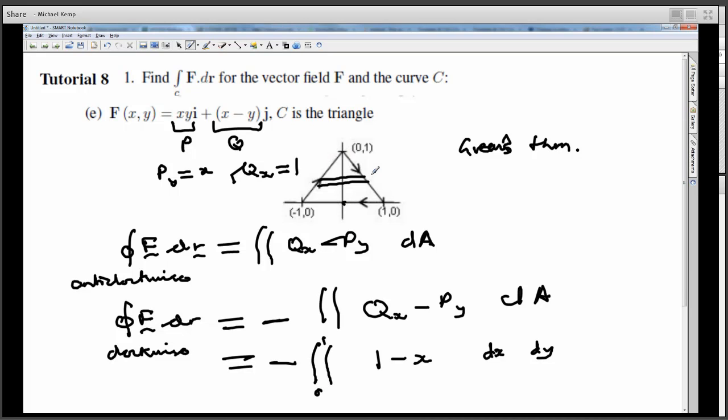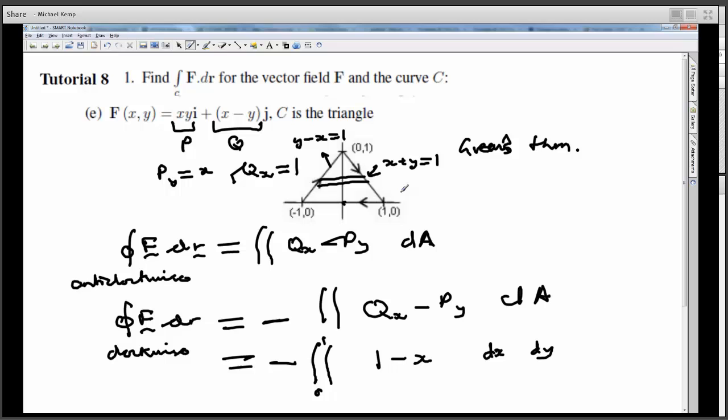For the inside ones, we need to know the values of these functions. This one here is x plus y equals 1. This one here is y minus x equals 1, sort of by symmetry.